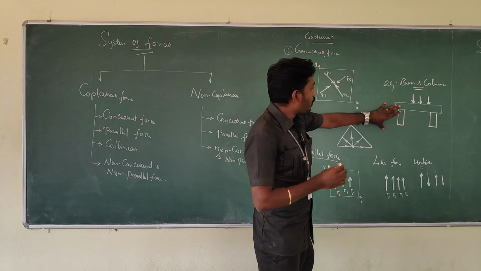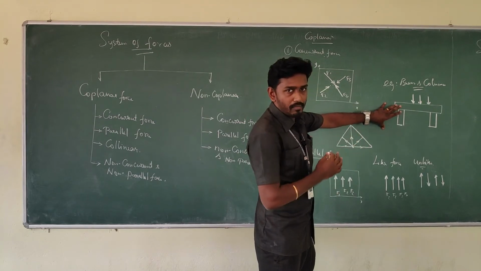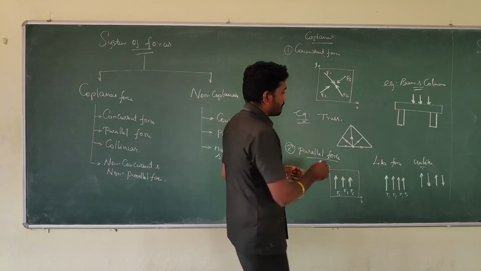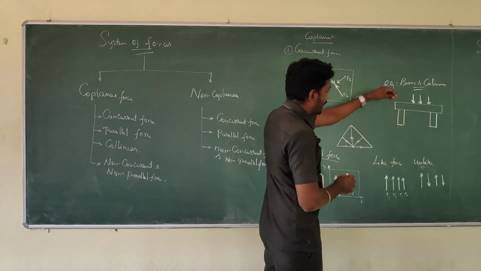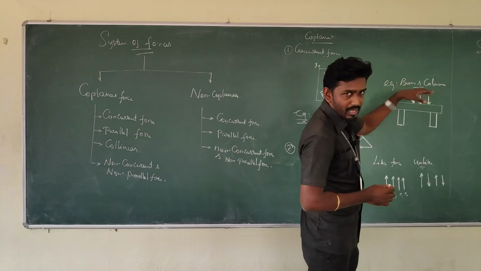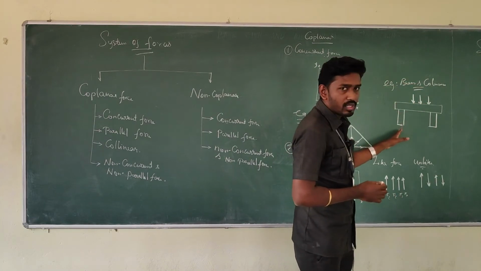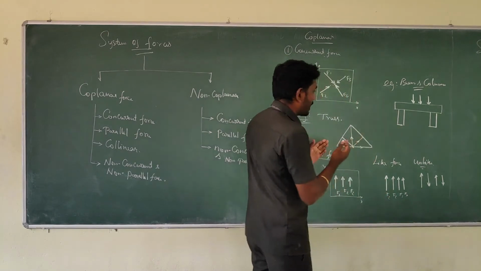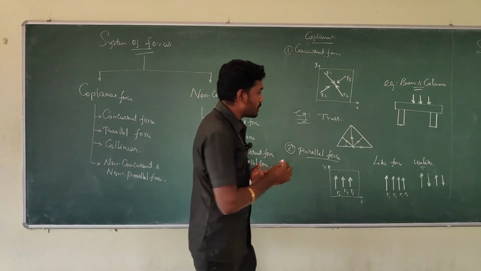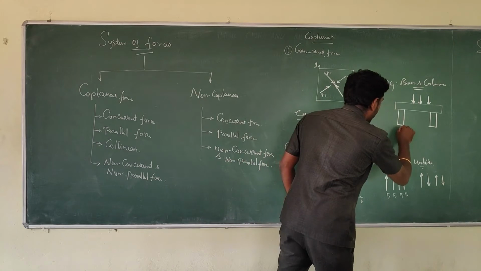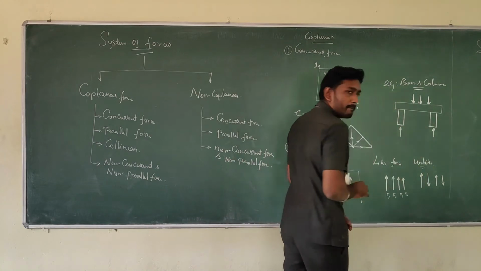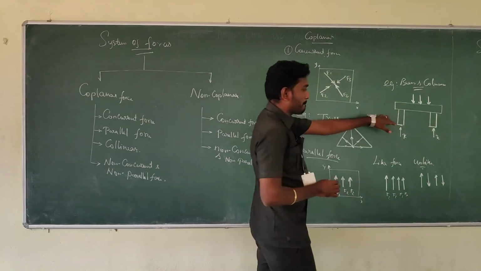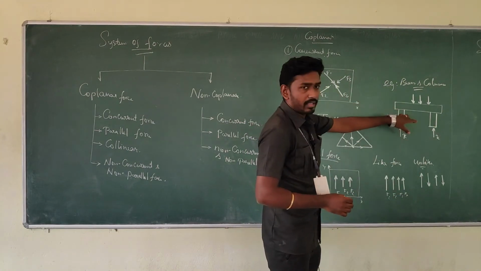If the forces on the beam and column are considered, here the force is acting downwards. Am I right? Since the columns are supported, there will be a reaction, just opposite in direction, something like this.